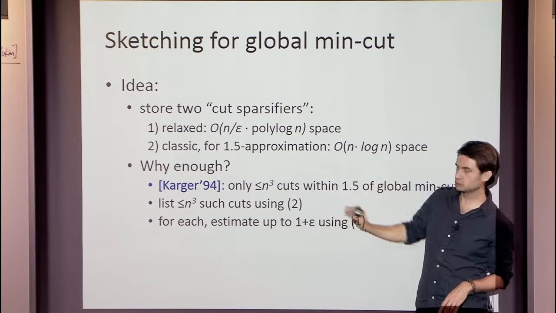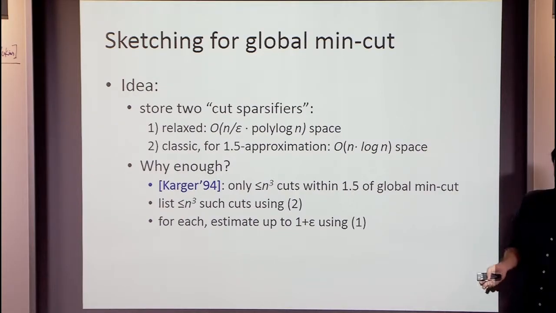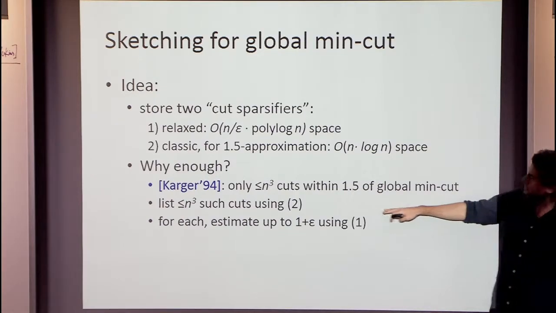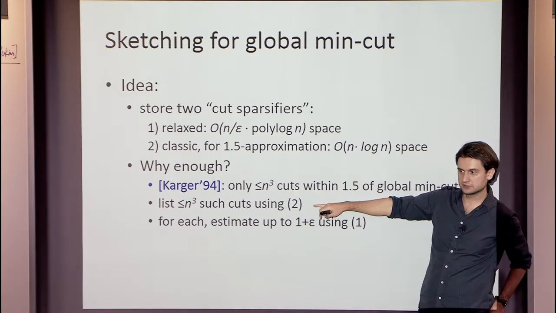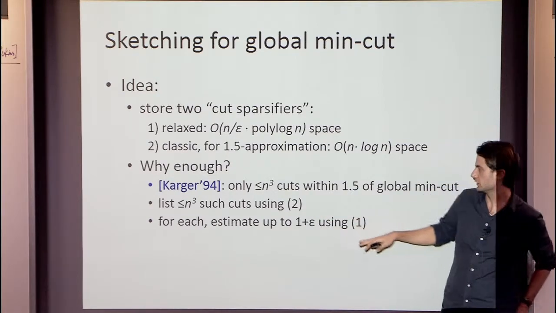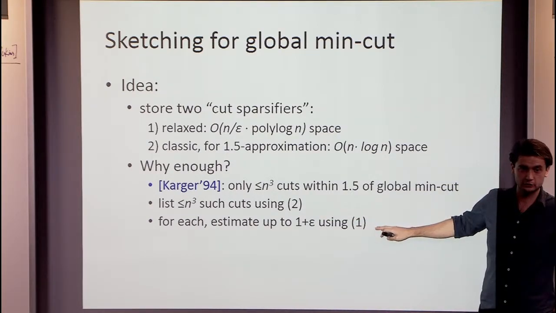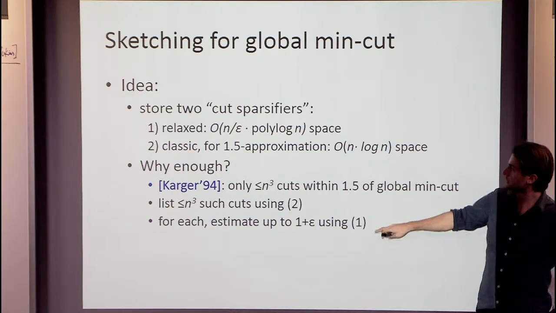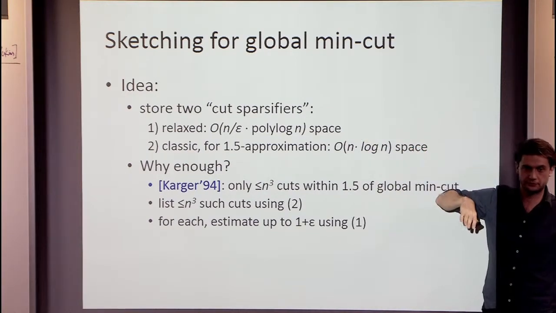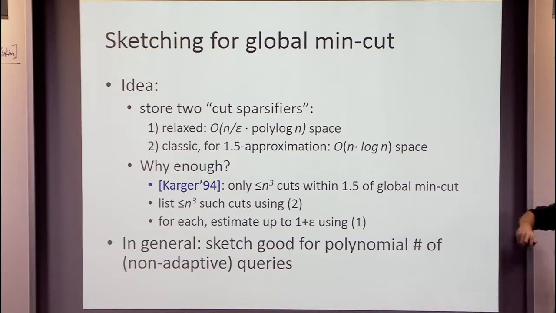This list will include the actual global min cut, and for each of the potential cuts in this list of n cubed cuts, we can verify it or estimate it up to 1 plus epsilon approximation using the relaxed sparsifier. The basic idea is that the sketch is good wherever you are doing a polynomial number of non-adaptive queries. Okay, this is the idea.